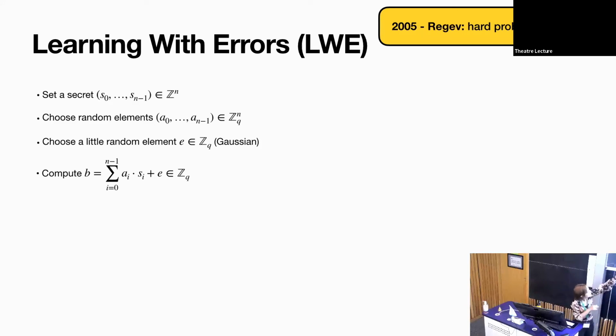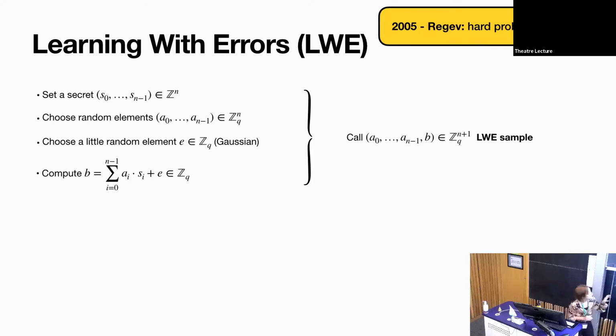You choose a random set of elements A that I will call the mask in the rest of the talk, and a little Gaussian error, and then you build B equal to the product of the secret times the mask plus some error, and that's it, modulo Q.